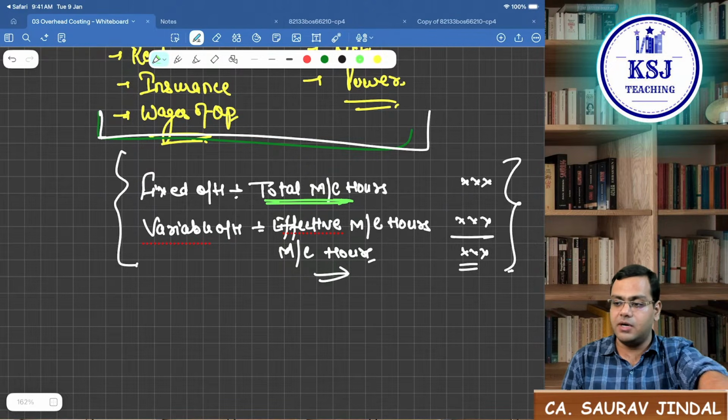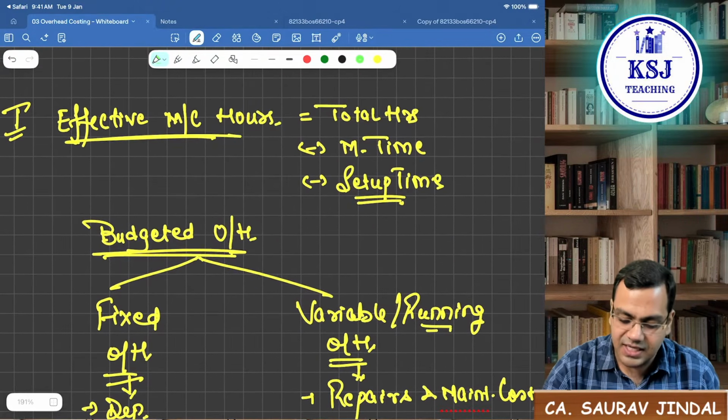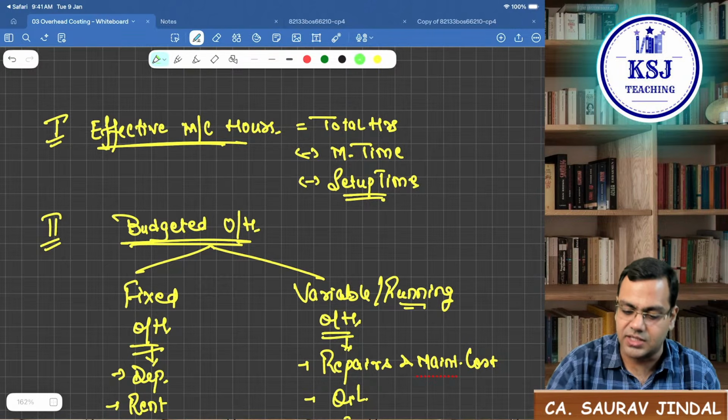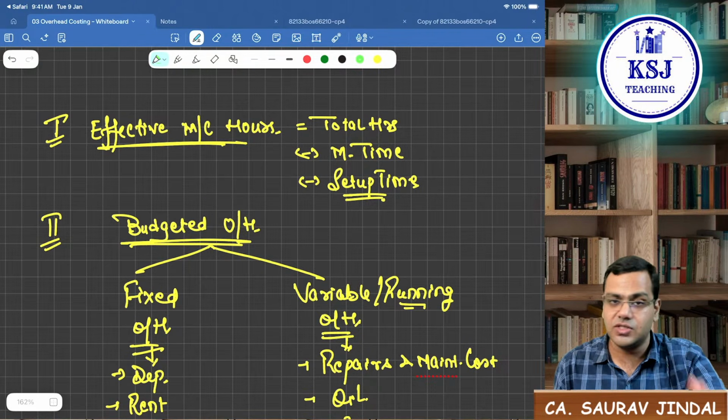Another very important point that you have to remember. Now, I told you the first step will be what? Calculation of effective machine hours. Now, one very important thing, a very common area of mistake that the students commit.